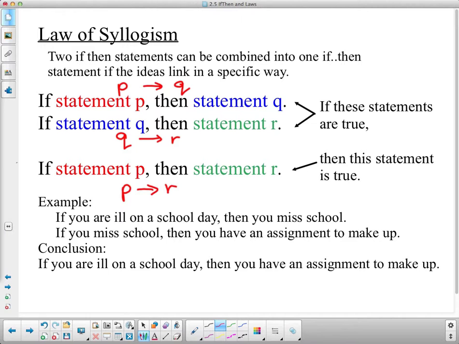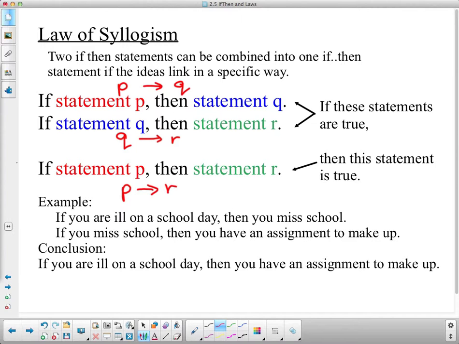If he wants milk, then he's going to get hyper. If he gets hyper, then he's going to crash and run into the wall. So there's a whole series of things. Basically they're saying if you give the mouse a cookie, then whatever the ending of the story is going to happen. That's the idea of syllogism.